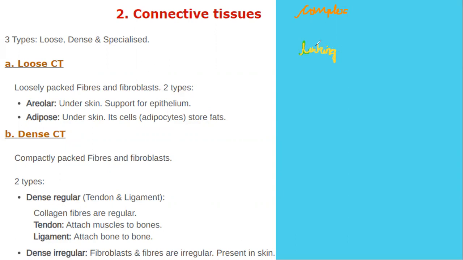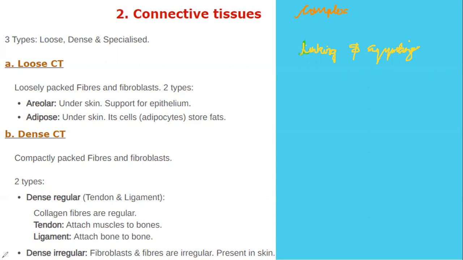In linking and supporting other organs and tissues of the body. They range from soft connective tissues to different specialized connective tissues like cartilage, bones, adipose tissue, blood, etc. All these are different types of connective tissue.